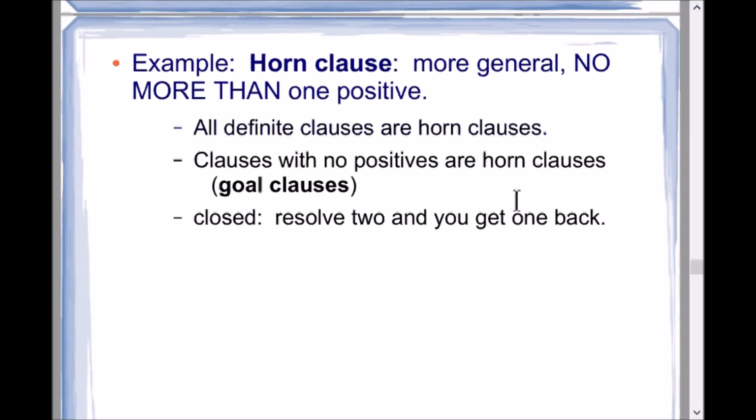A lot of terminology to throw at you there. One other little factoid: under resolution, horn clauses are closed. What that means is if you have two horn clauses and they resolve against each other, with some elimination or cancellation going on, the resulting clause is itself going to be a horn clause.